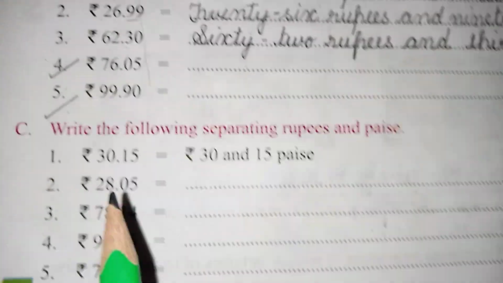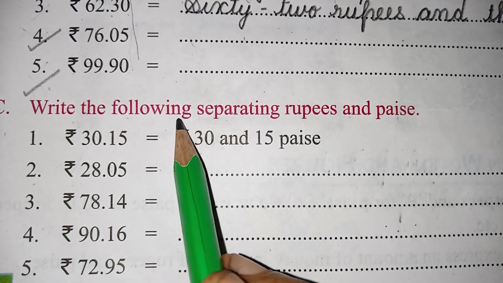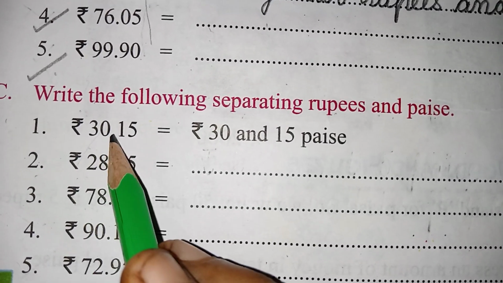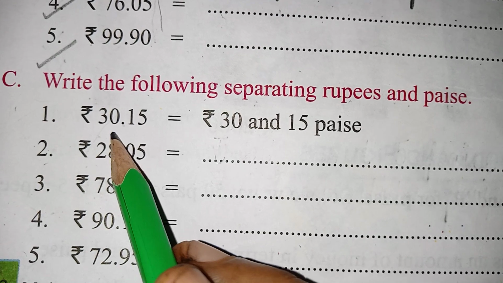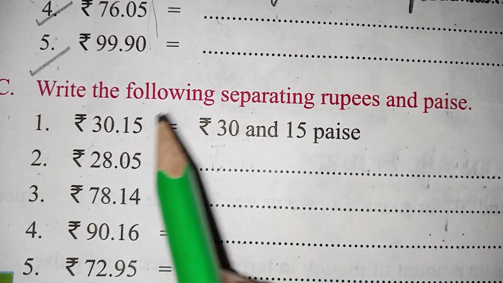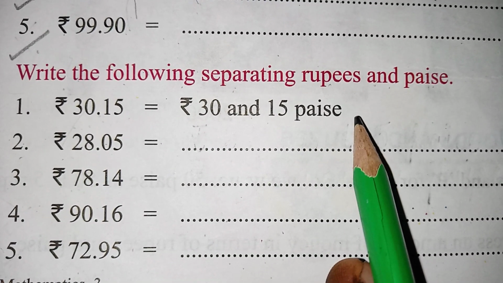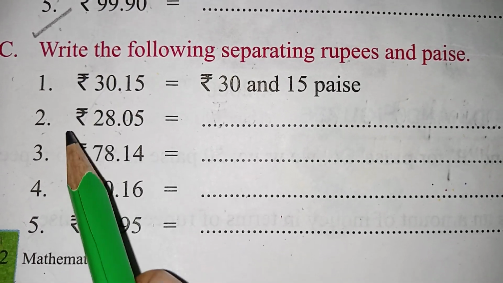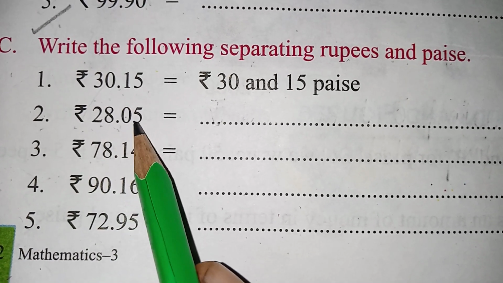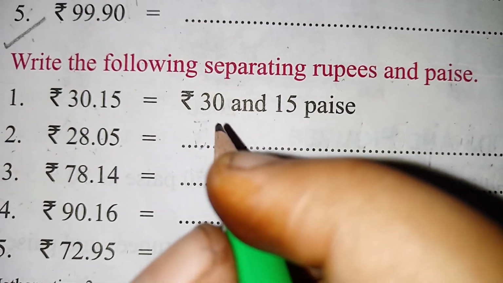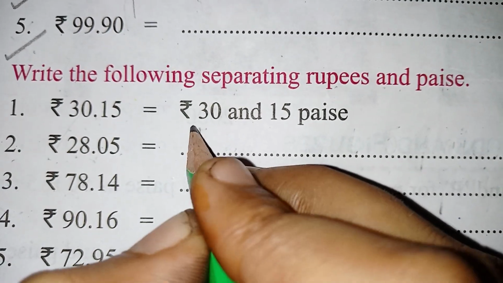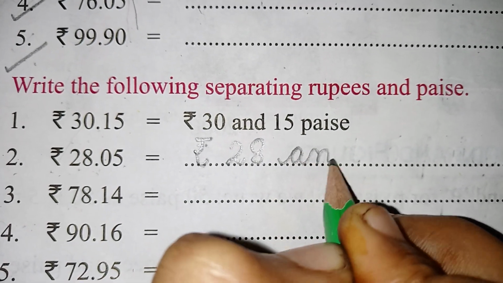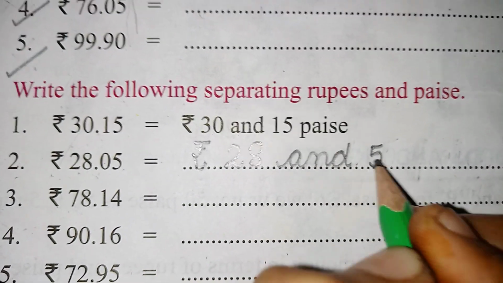Now question C. Write the following separating rupees and paise. Now we have to separate it. Question 1, rupees 30.15. One has already been done for your better understanding. So we start from question 2. Rupees 28.05. So write rupees 28 and 5 paise.